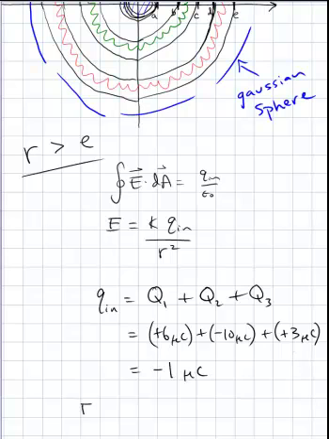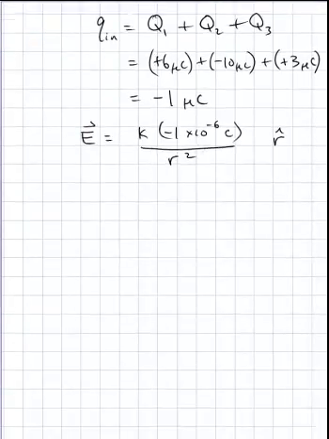So you get the electric field is K times minus 1 times 10 to the minus 6 coulombs, I guess we should put it in the right units if we're using this equation, over R squared in the R hat direction. And again, because we have a negative number now in our electric field, this is pointing radially inward.